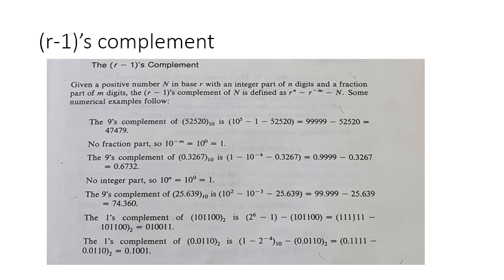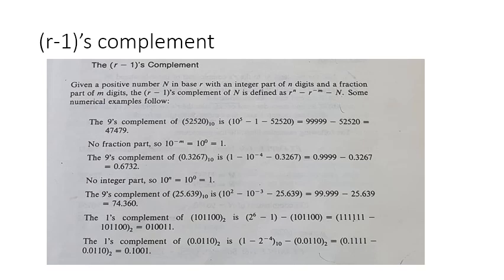So here are some more examples to find r minus 1 complement for base 10. If there is a fractional portion, you will have the fractional part instead of 1, because this fractional portion is basically the power of r raised to power minus m, which is equal to 1 in case of integer.